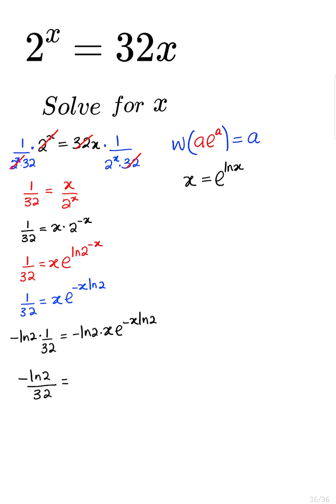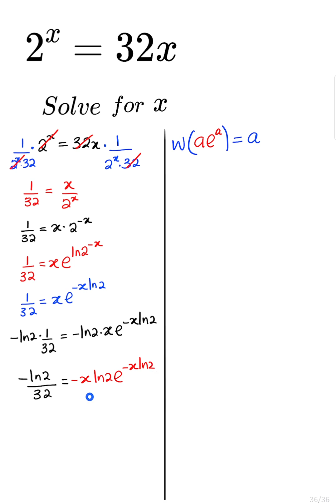Take note that this term here is commutative, which means if we have AB, it can also be written as BA. So we can now have it as negative x ln 2 times e raised to negative x ln 2.